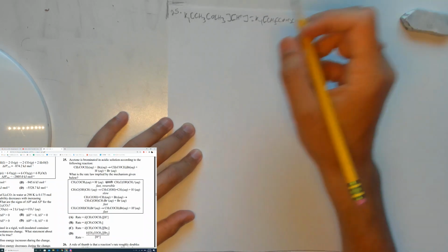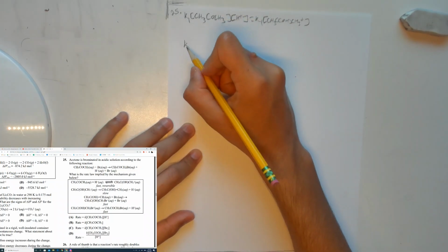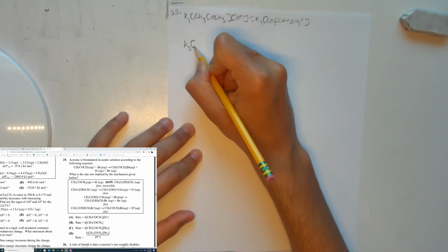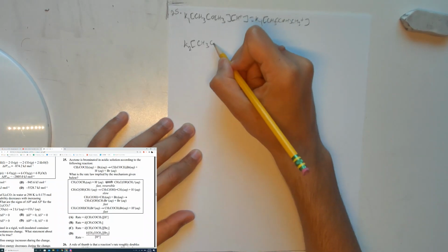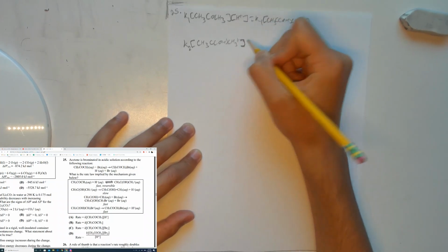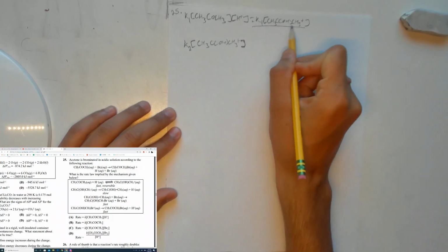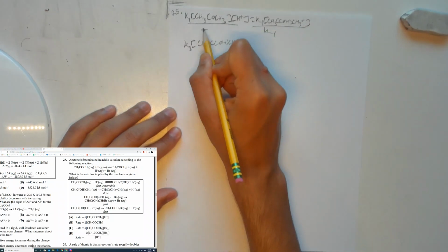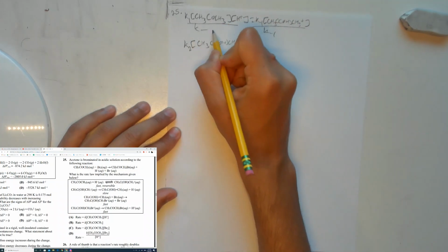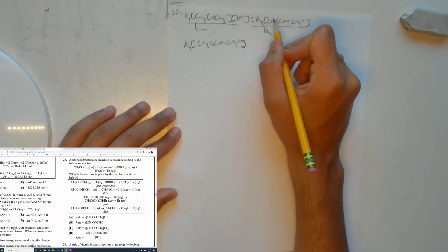The slow step's rate law is K2 times the protonated acetone times the other reactant. But you cannot have an intermediate in your rate law because you can't directly measure its concentration. So we're going to divide by K-1 so we can isolate this term and then plug it in there.